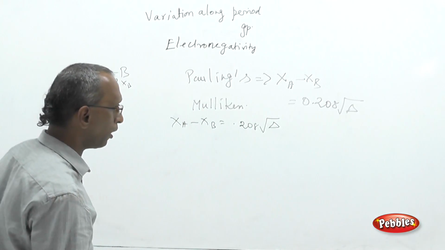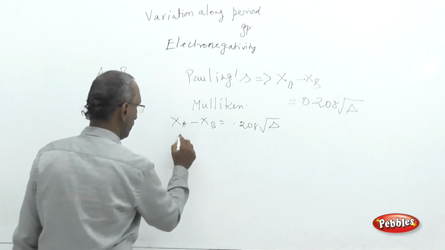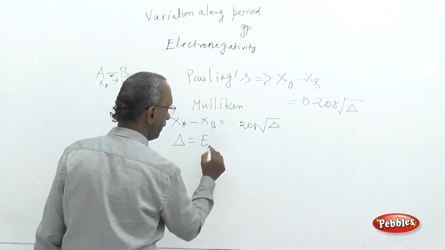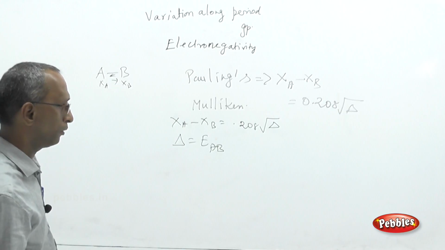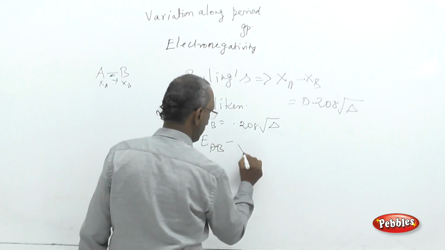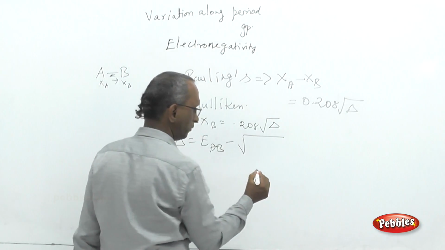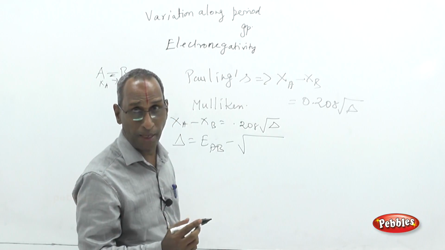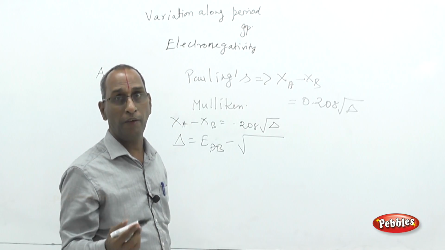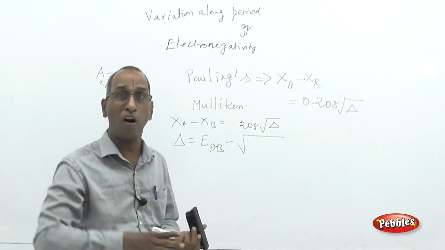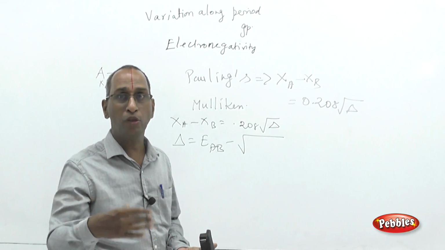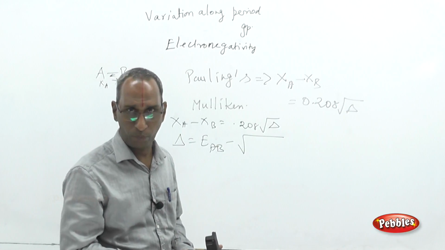Here once again delta is defined as the difference between the bond energy between A and B, minus the geometric mean. What is meant by geometric mean? Arithmetic mean is the sum of the data divided by the number of data. Geometric mean is the product of the data raised to the nth root, where n is the number of data.